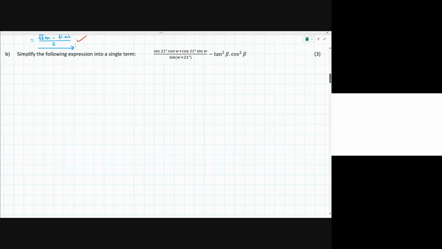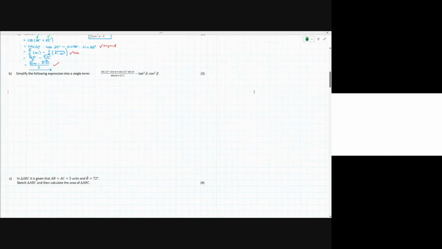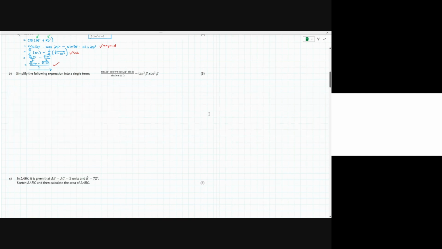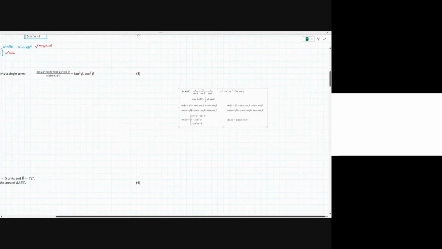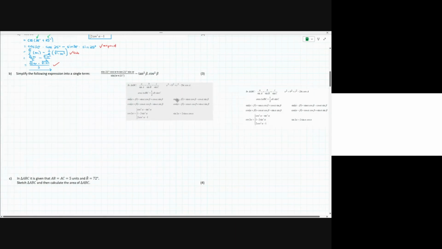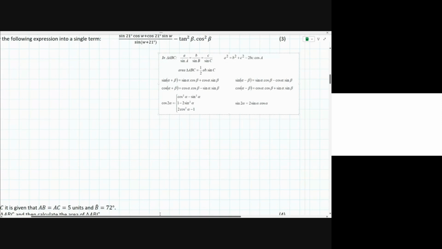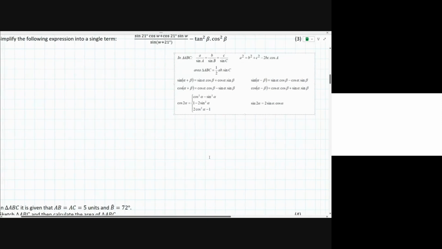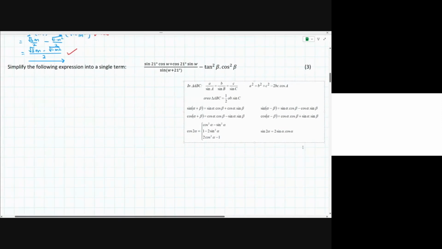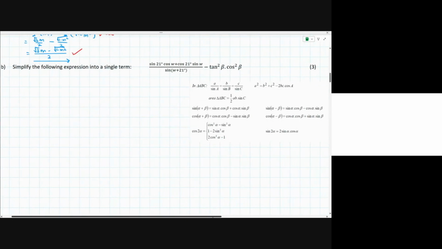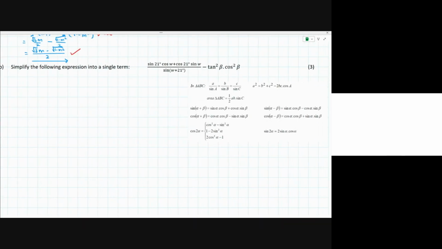What I am going to do is check our formulas here again, just so that we do have them. I want you to try this. We're simplifying to a single term, which basically means sine, cos, or tan. One of them, nothing weird. All right, so 5 minutes. Let's see how we go.